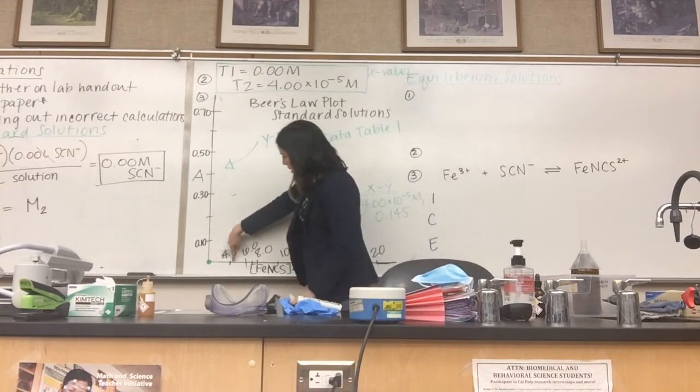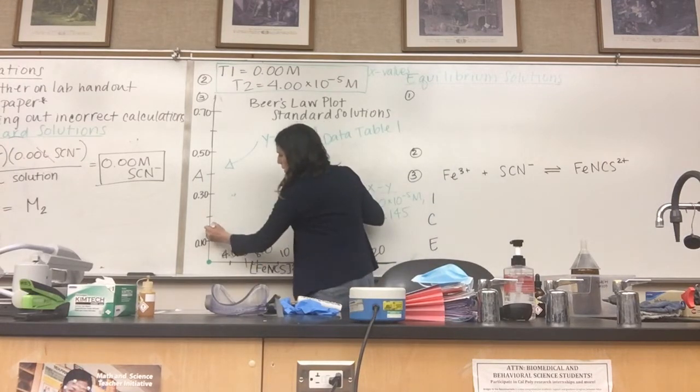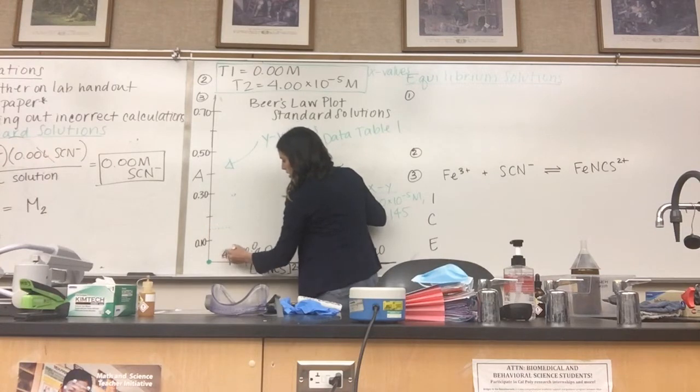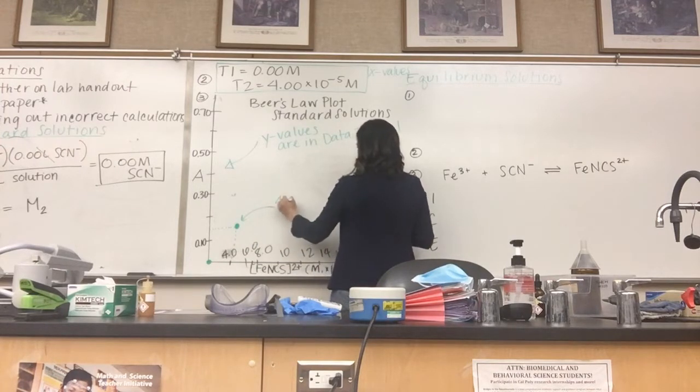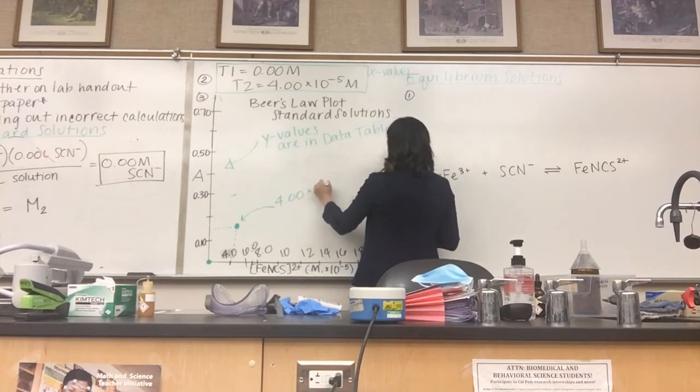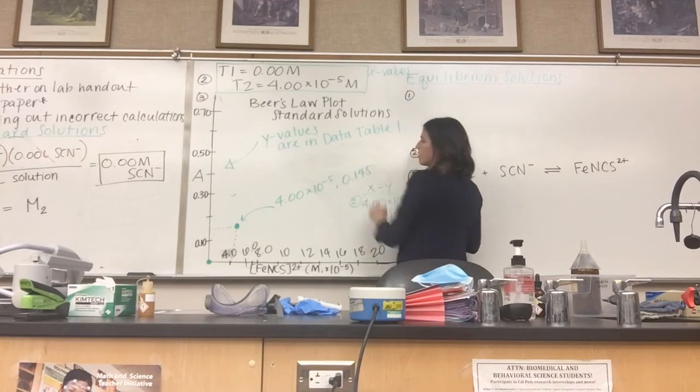So I'm right here, and I'm about right here. This is about 0.145. So this would be his second data point. Again, at 4.00 times 10 to the negative 5 and 0.145.